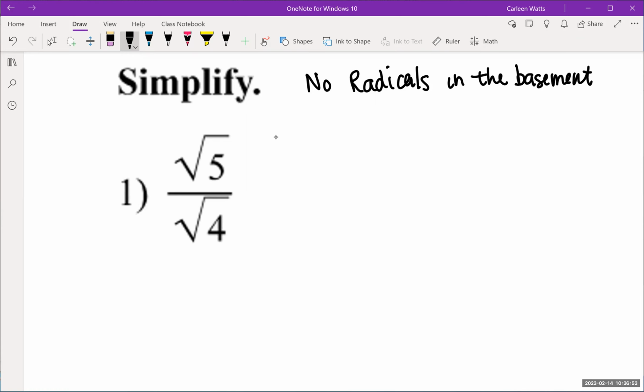What do we notice about the number 4? 4 is a perfect square, right? So that's just 2. So rad 5 over 2, done. Didn't have to do anything. Perfect square. Okay, moving on.